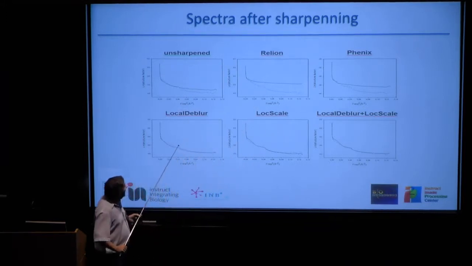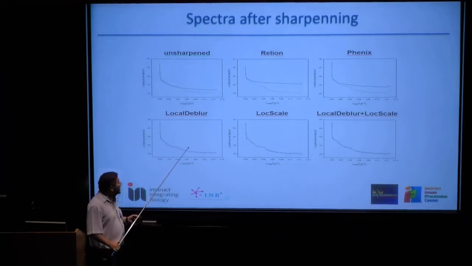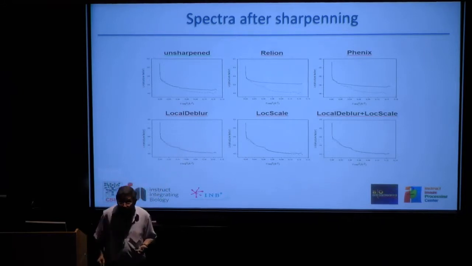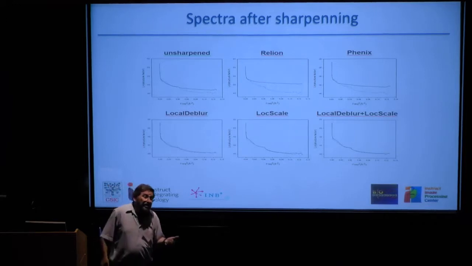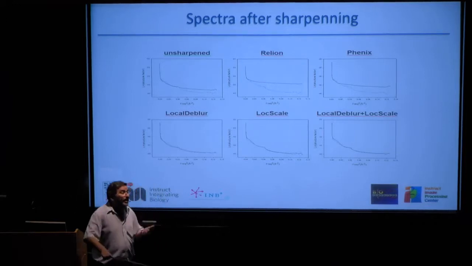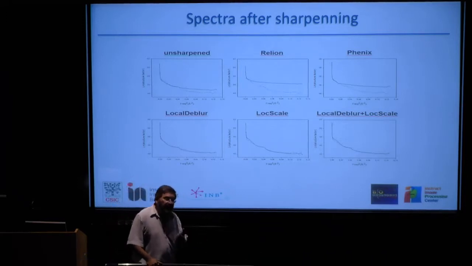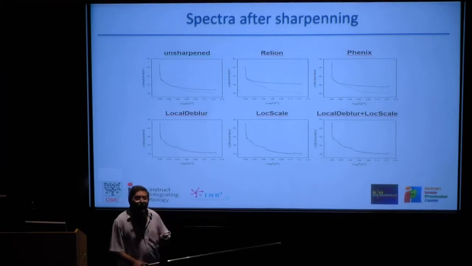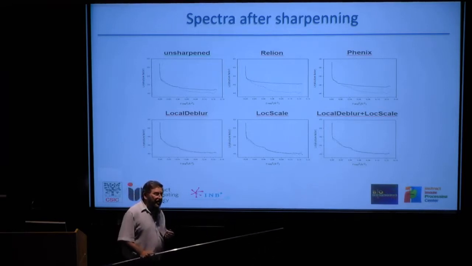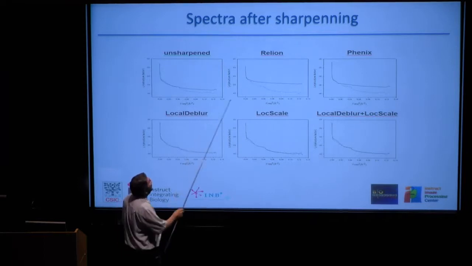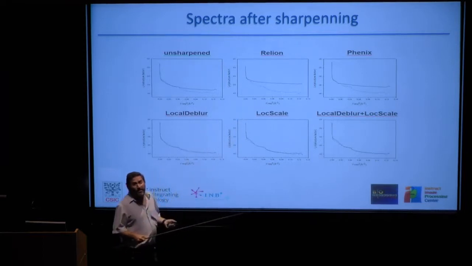The broken line is the theoretically calculated spectra of that macromolecule. What we see in our method, local deep blur, is a spectra that fits much more to the one that would be considered the good one. I mean, the one that has been theoretically calculated from the structural maps. The map could be better or worse done, and the way to calculate the map from the model always can be done better. But in principle, you see that the difference between this way of approach and this way of approach, or this way, is really very large.